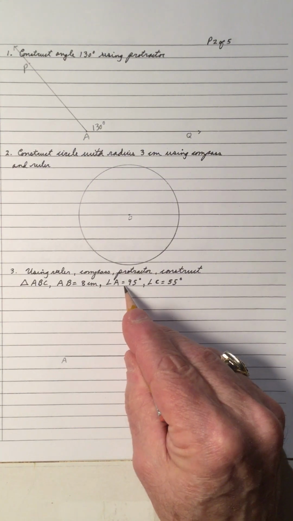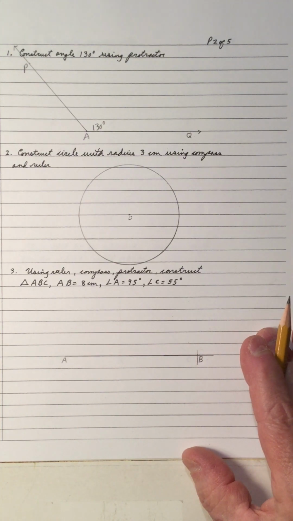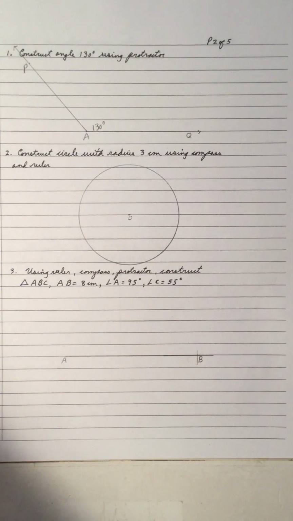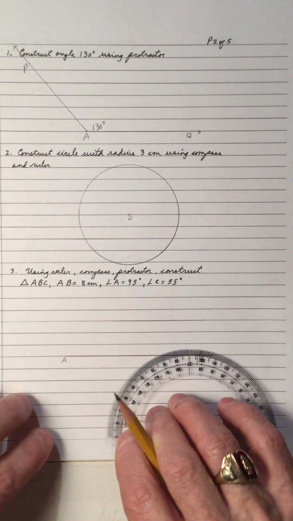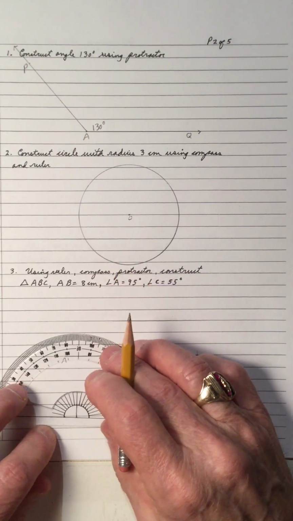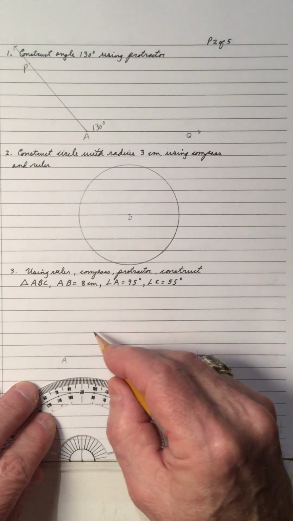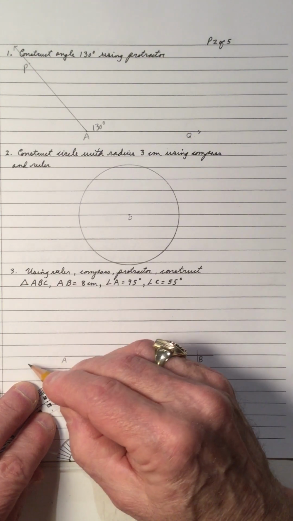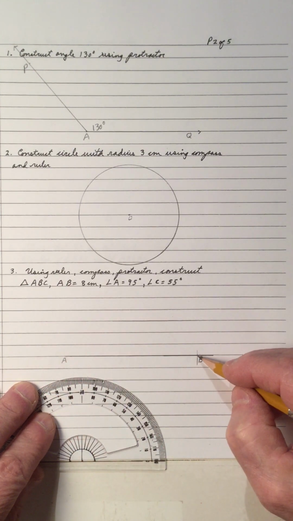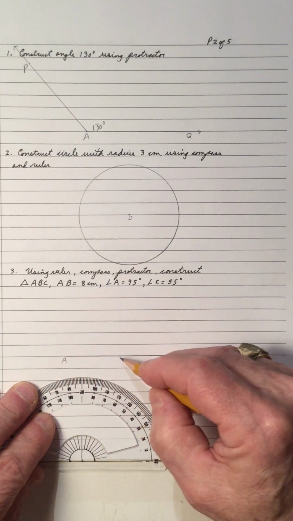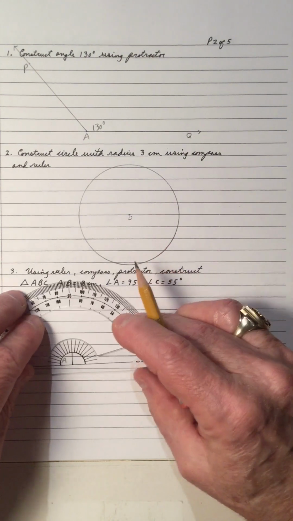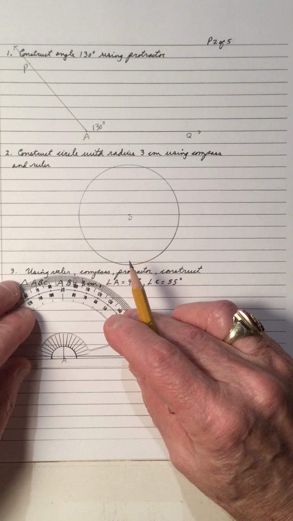Now we want to draw angle A of 95 degrees, so we pick up our protractor and place it at A. I have to go this way to get to 95 if angle A is right here.